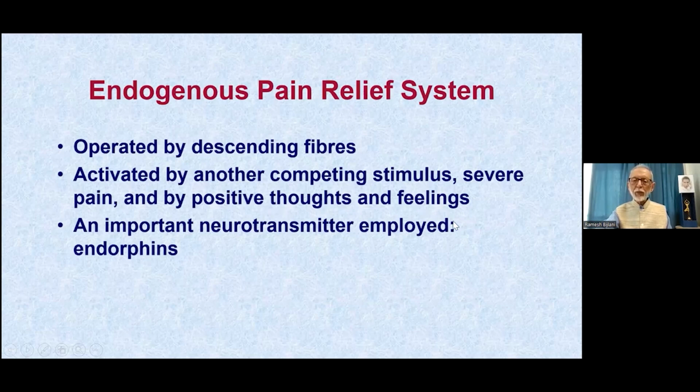An important neurotransmitter employed by the descending pain fibers are the endorphins. Endorphins are very similar to the strong painkiller morphine. Morphine, you can say, is in fact the strongest painkiller known, and these endorphins are very similar to it.